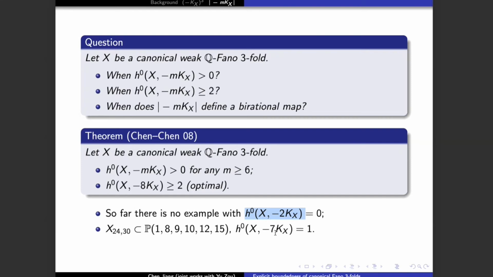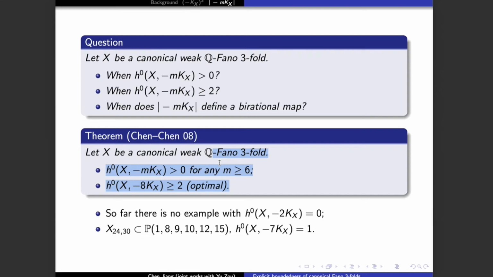And then for the third question, when it gives a birational map, this looks more geometric, because for the theorem of Meng Chen and Rongkai Chen, they only use the Riemann-Roch formula. So this looks like a purely combinatorial question actually.